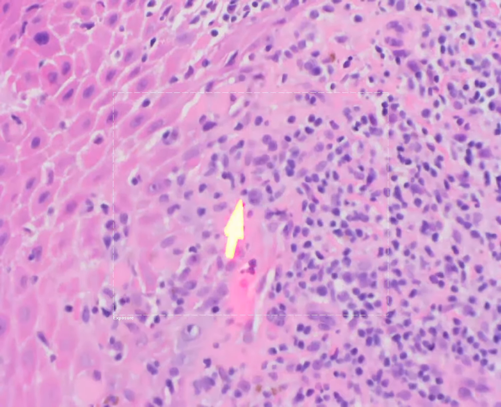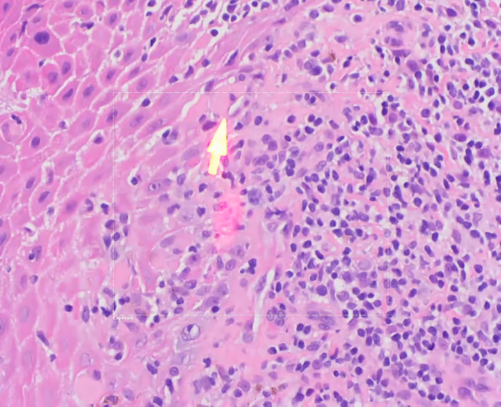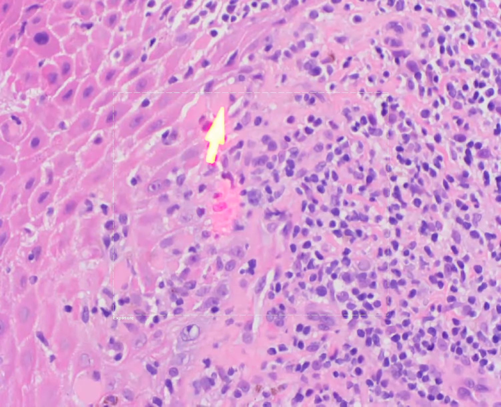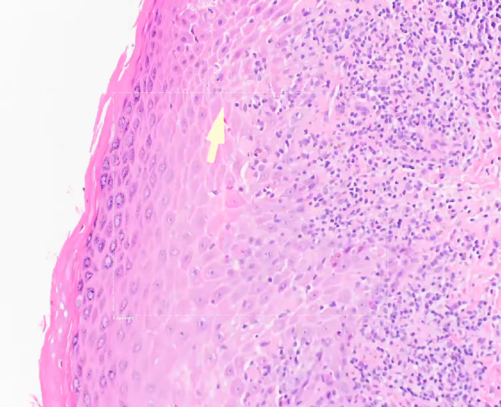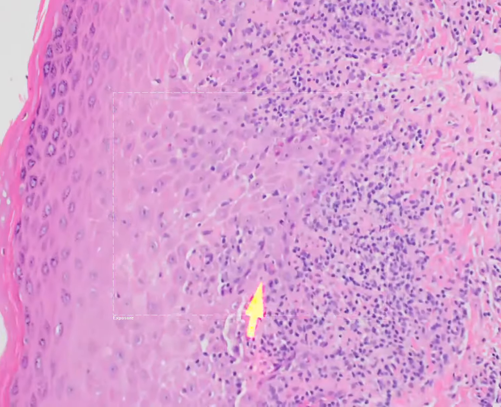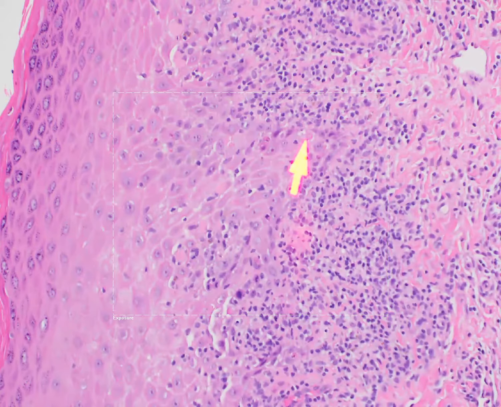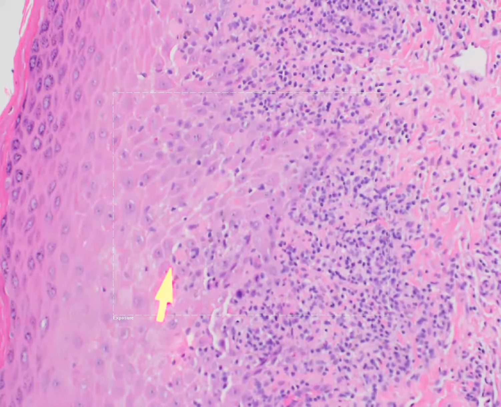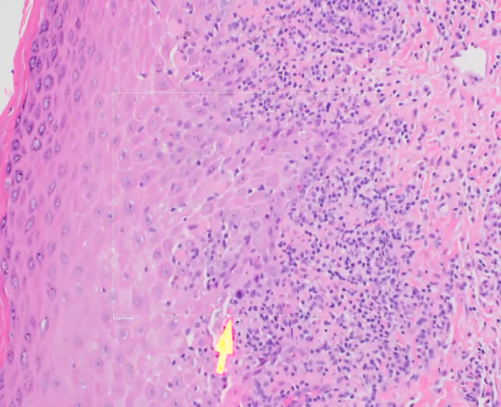I'm going to point these out. These are colloid bodies or Civatte bodies, and they're usually in this entity at the base of the epidermis, or sometimes they drop down into the superficial dermis as well. And as we move along, you'll see more of these apoptotic keratinocytes or Civatte bodies. You can see them here, and I'll point them out with my arrow as we move across.